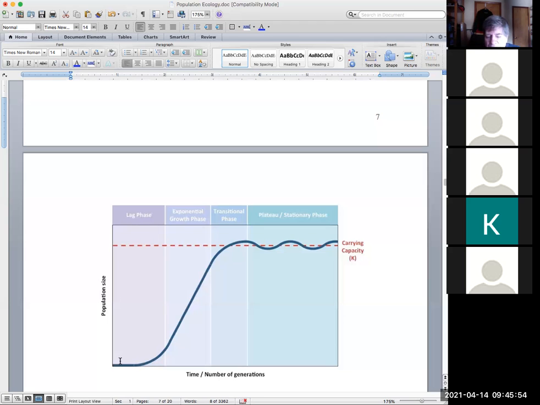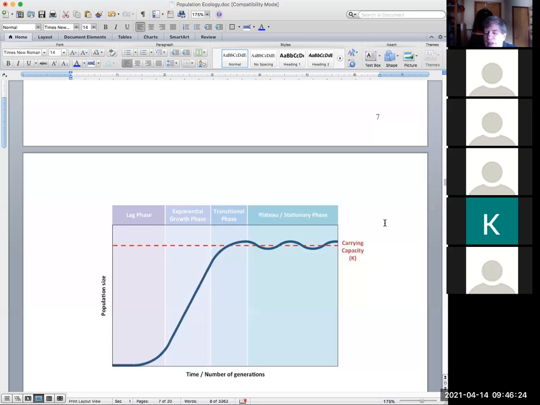The lag phase is the phase at the beginning where you don't really see much population growth. Then we have the exponential growth phase where the growth is very noticeable and very steady. Then we have the transitional phase when we're moving from the exponential growth phase to the last stage, which is sometimes called the plateau or stabilizing or oscillating phase.